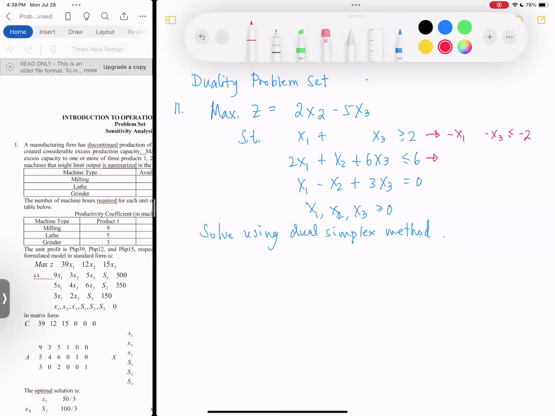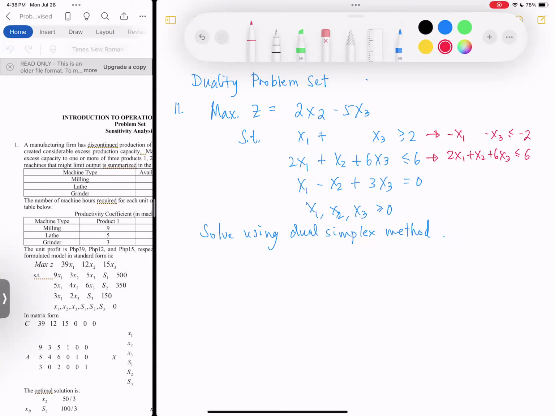Okay, so that's it for the first one. For the second one, we're good. Are we good? Yes, sir. Okay, thank you. Let's just copy. And then for the third one, it's an equality constraint.